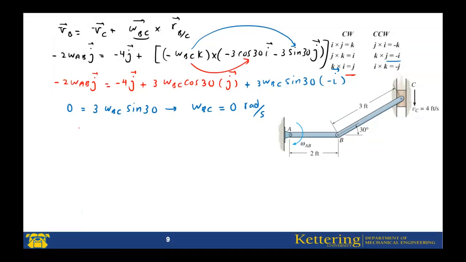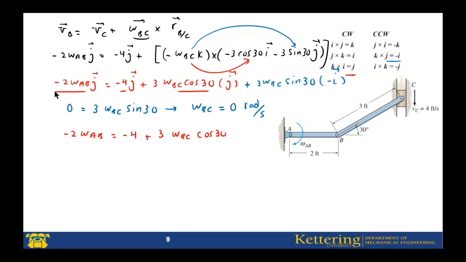Then, how much is omega AB? Yes, 2. Correct. For the j component, minus 2 omega AB equals minus 4 plus 3 omega BC cosine 30.